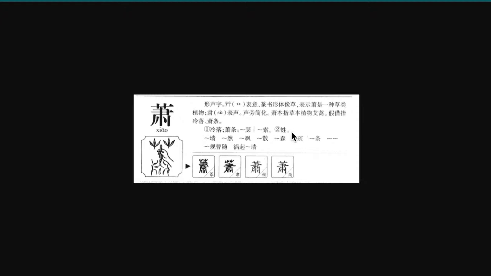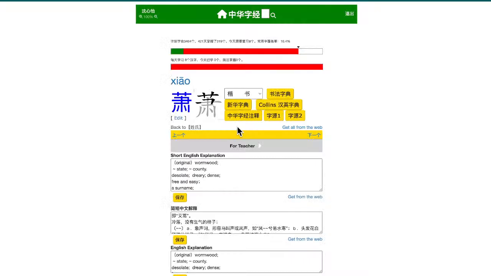Su means serious, and xiao also means desolate, dreary. That's a serious condition, I think, and that's why they use that. So this is xiao.